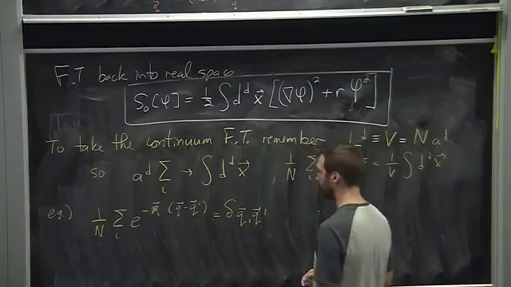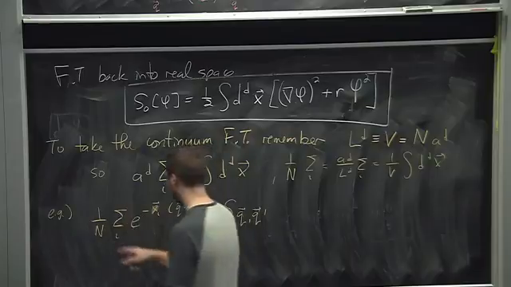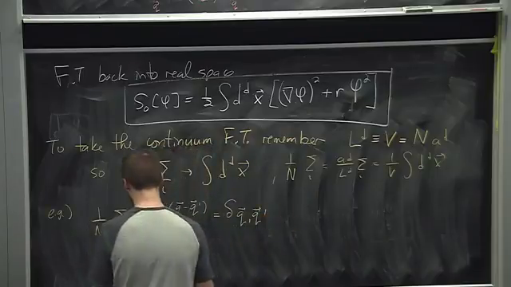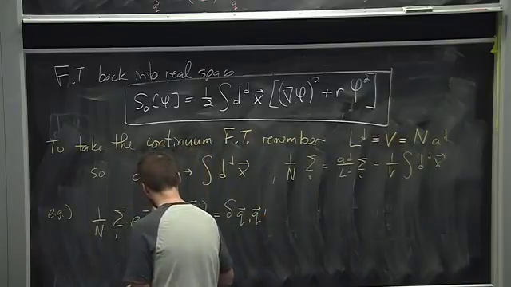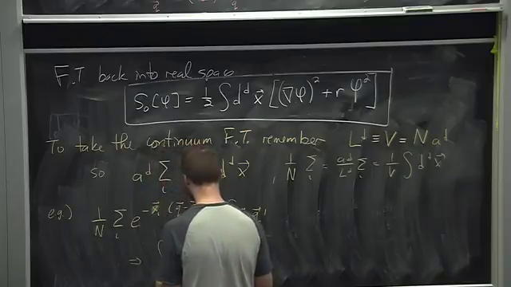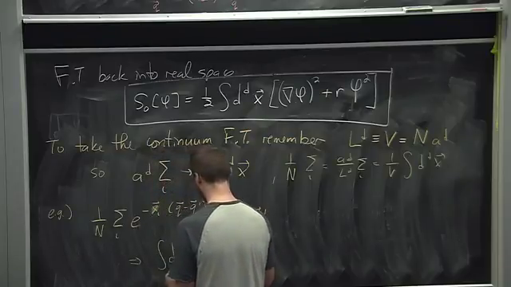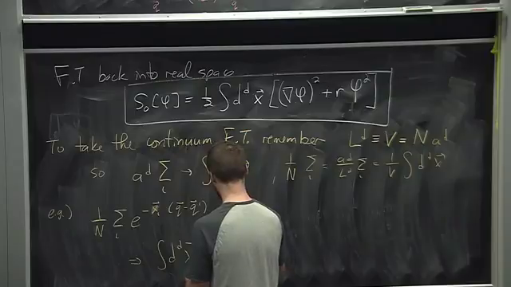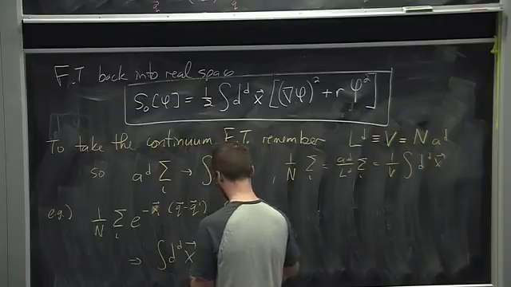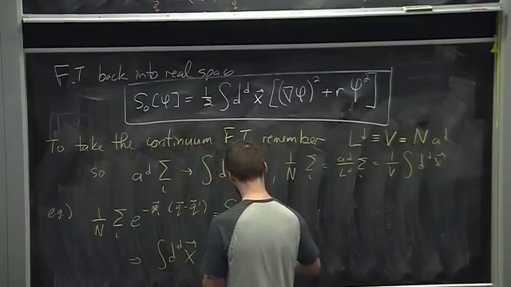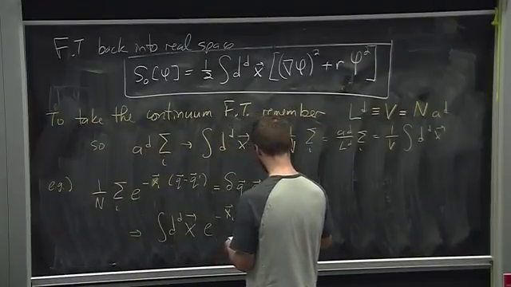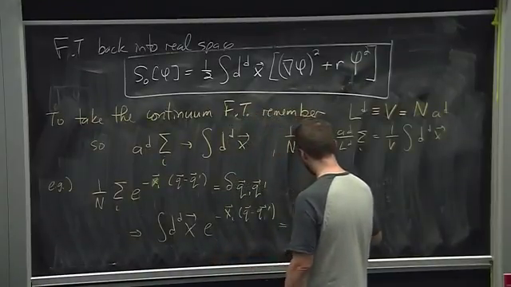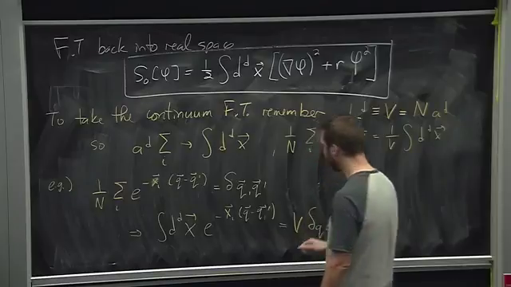You just replace with that formula there. So that implies if you have the integral over x of e to the minus i (Q minus Q prime) x, that's just V delta Q Q prime.